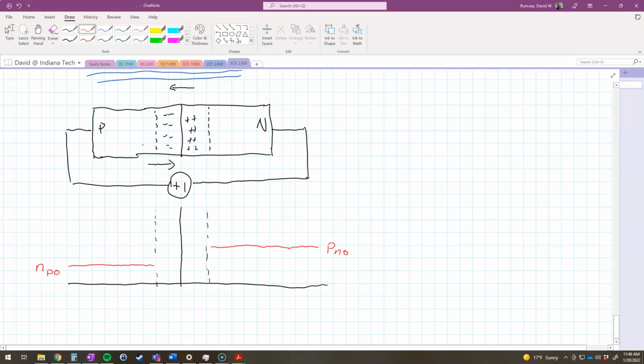Now, if I apply an electric field that goes in the opposite direction of this electric field, what I'm doing here is increasing the minority carriers. So this blue curve is what I get when I apply this. I'm going to get an excess of electrons now.